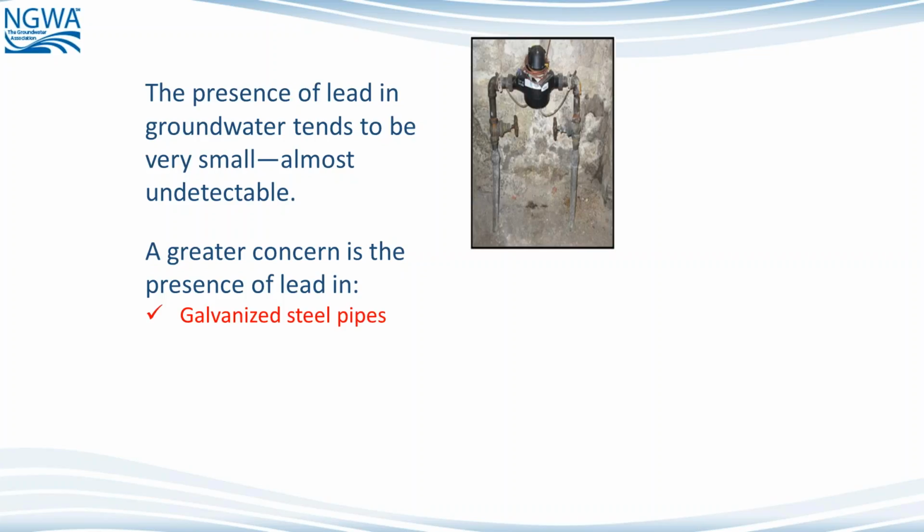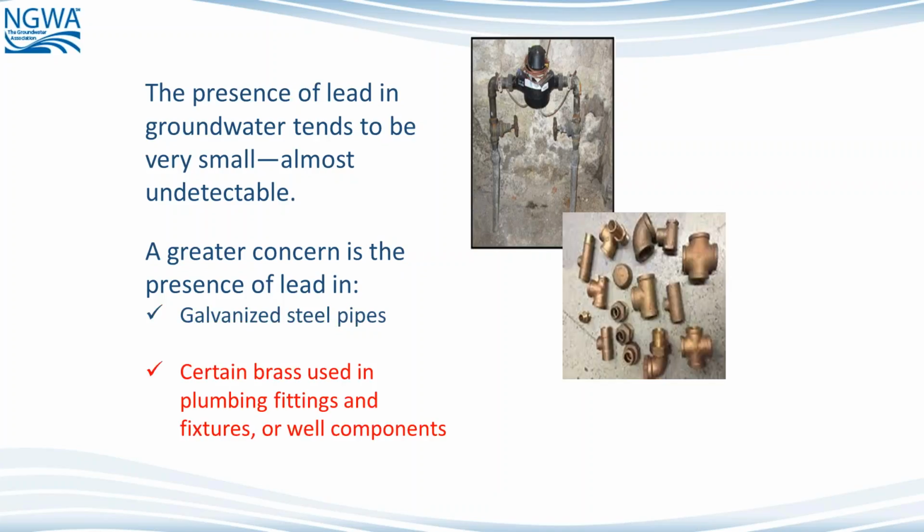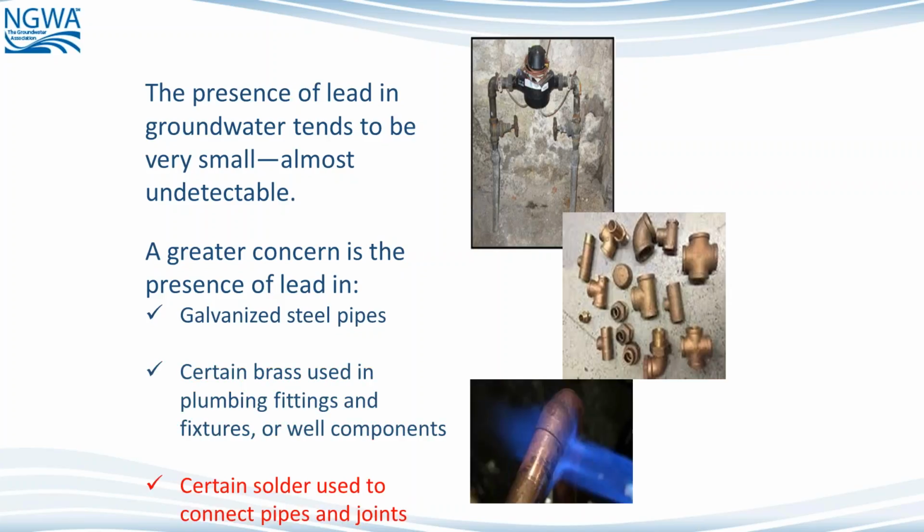Where we would normally expect to encounter it in our water supplies is lead in old galvanized steel pipes, certain brass fittings that, prior to just a few years ago, contained a relatively high concentration of lead in the brass used to help in the production of the fittings, and solder used to connect pipes and joints.